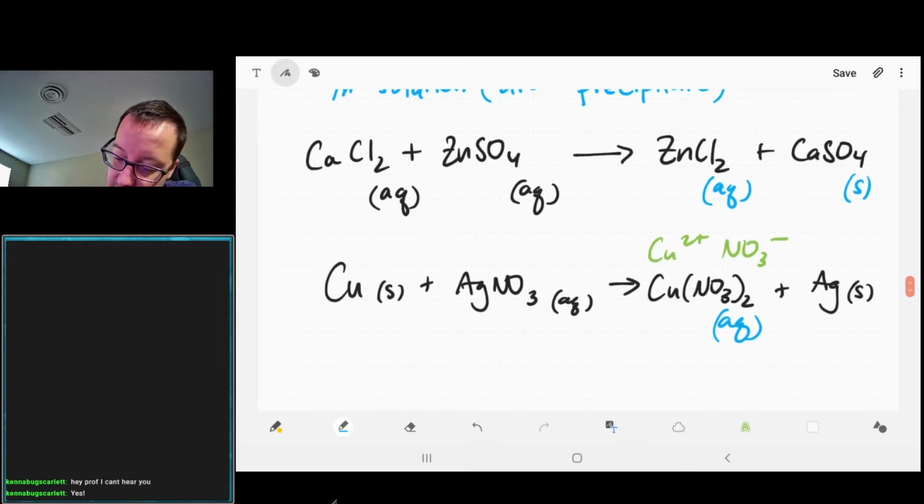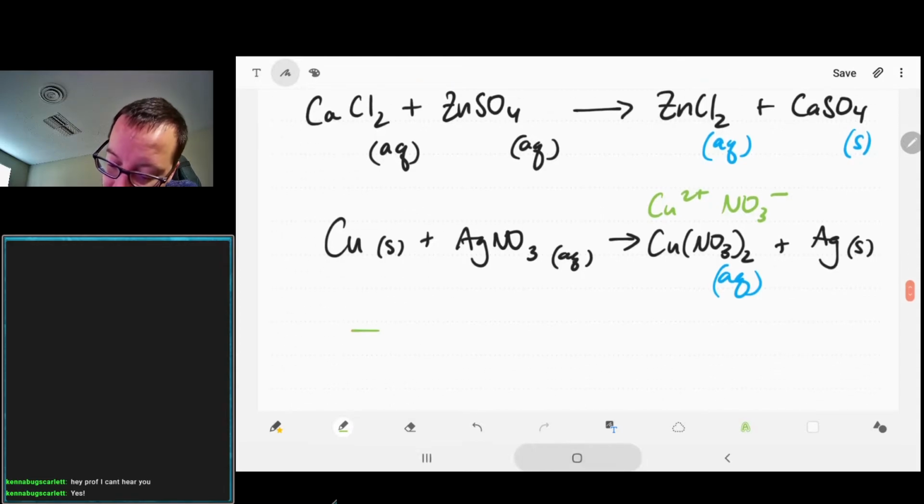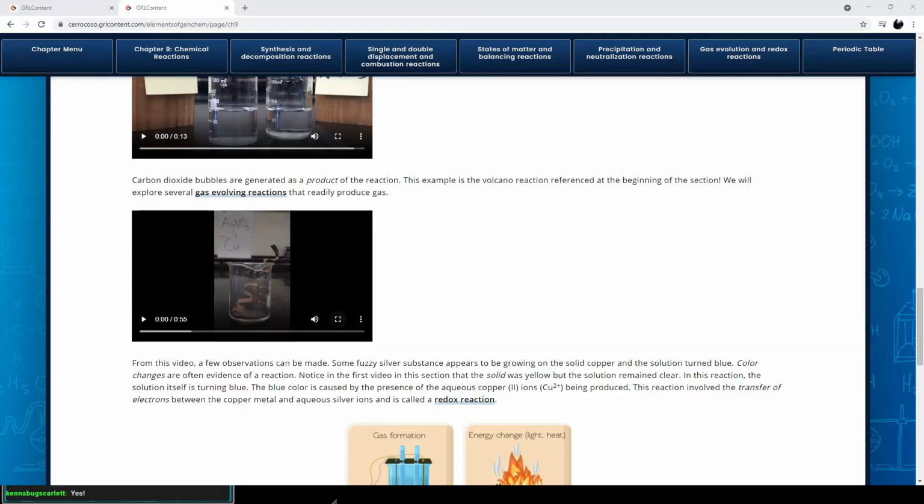What's interesting to note, just for our own information, is that silver ions are clear in solution, but copper 2 ions are bright blue. And so we can actually see evidence of this happening. I have another video for you where we can see this very reaction taking place.